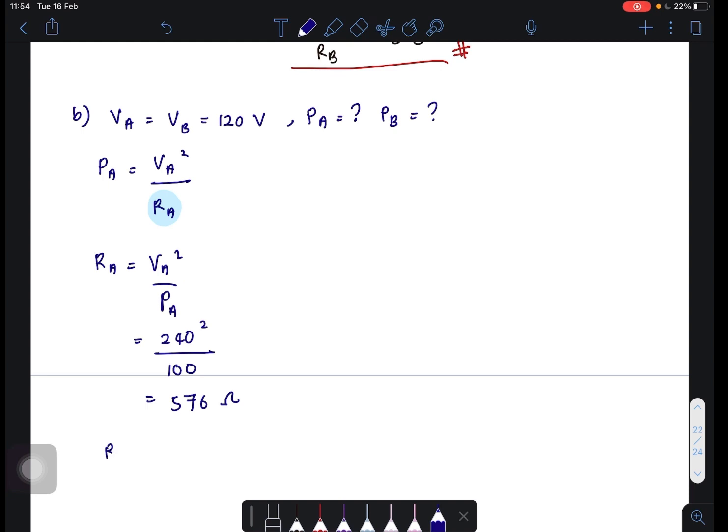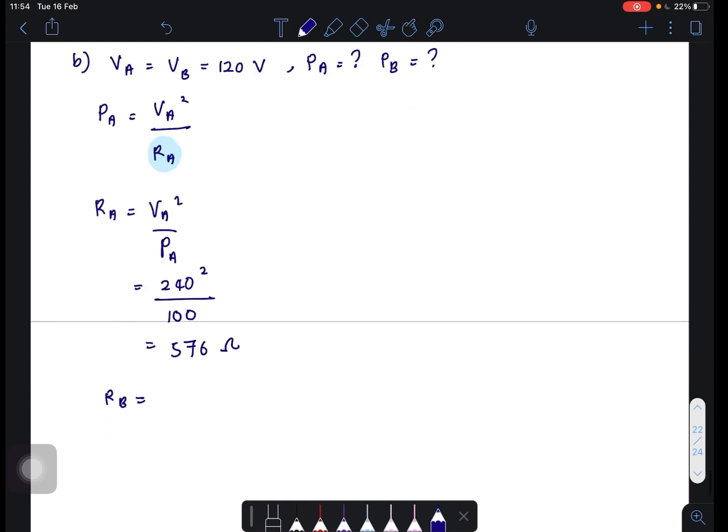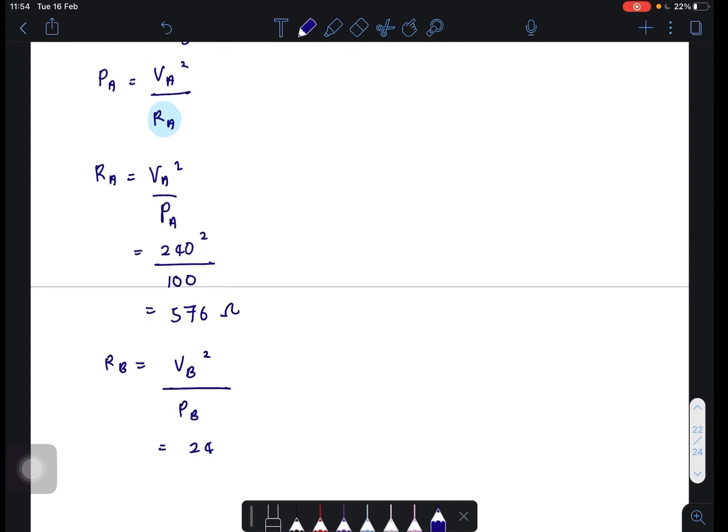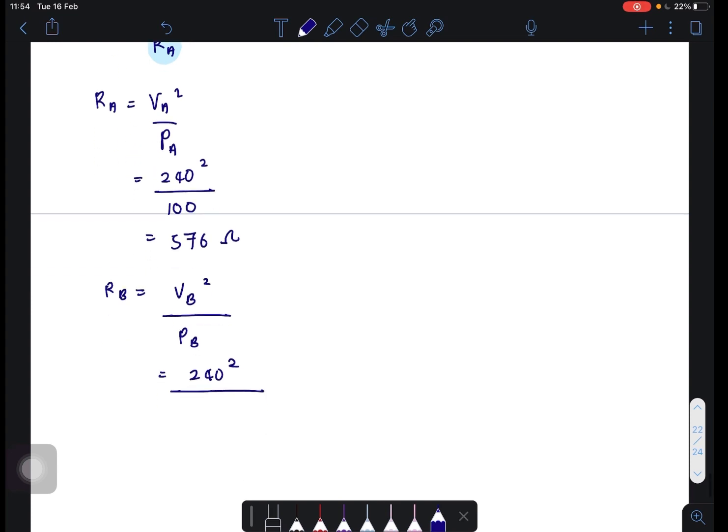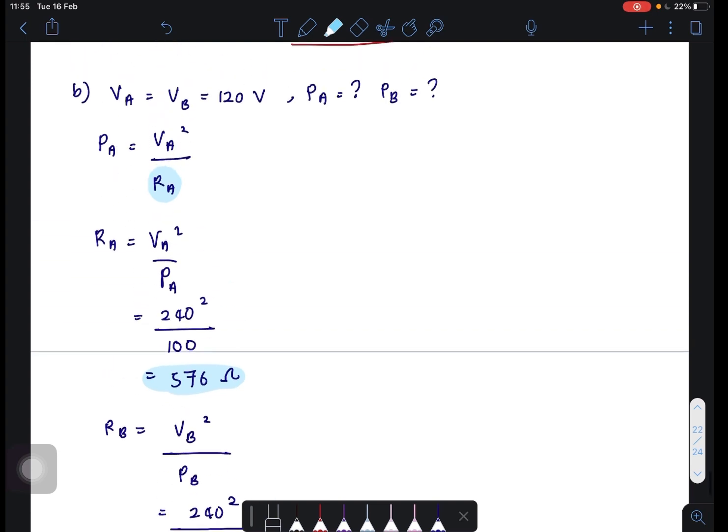And then RB is the same, find VB square divided by PB first. 240 square divided by 60, which is 960 ohm. So now we have these values, we can substitute them here.